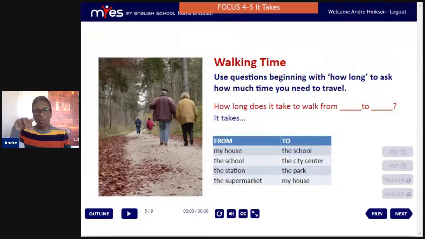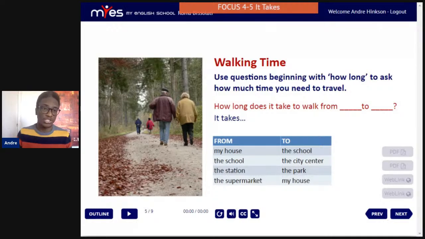So let's look at walking. Walking time: the length of time to travel from one location to another on foot. So remember, for walking, we use on foot. You will hear some people using by foot. You can use by foot as well, but the correct form is on foot.